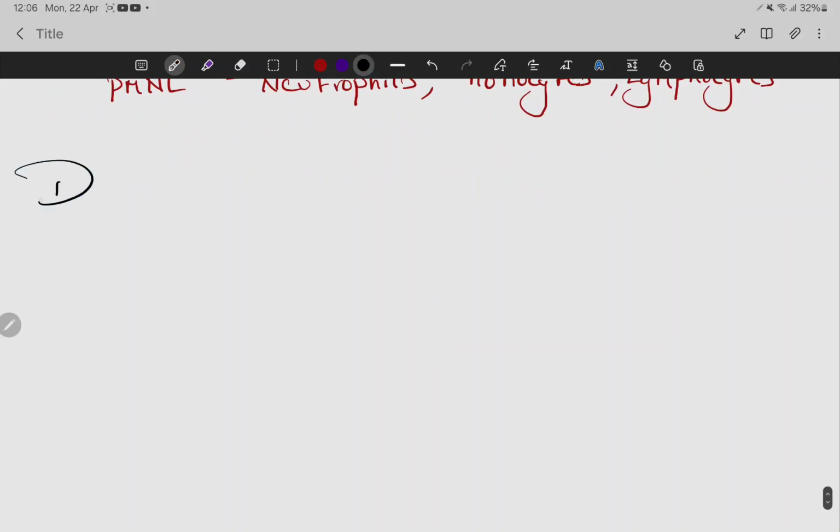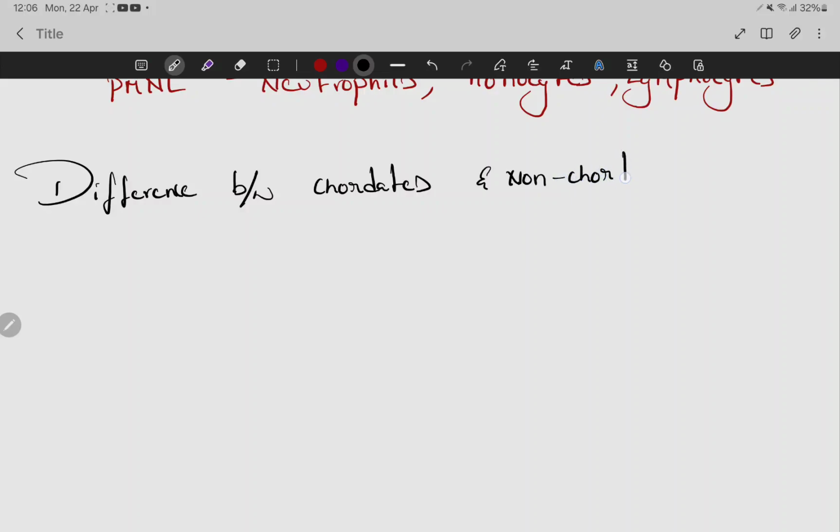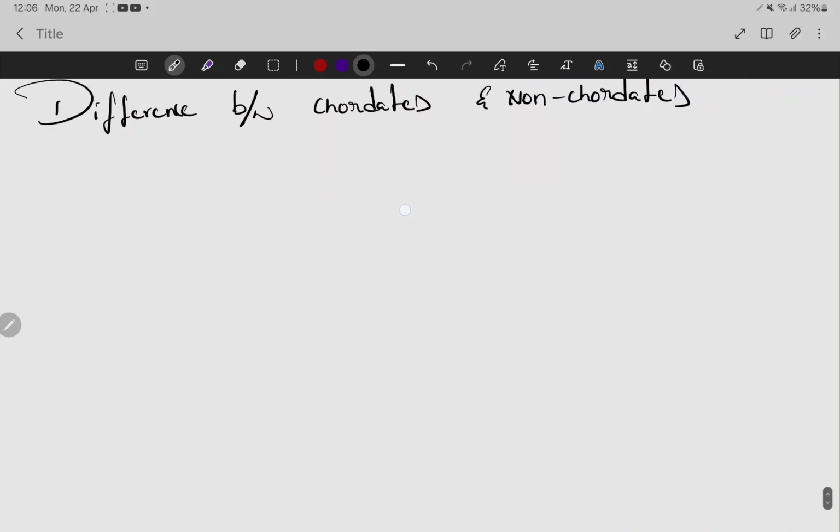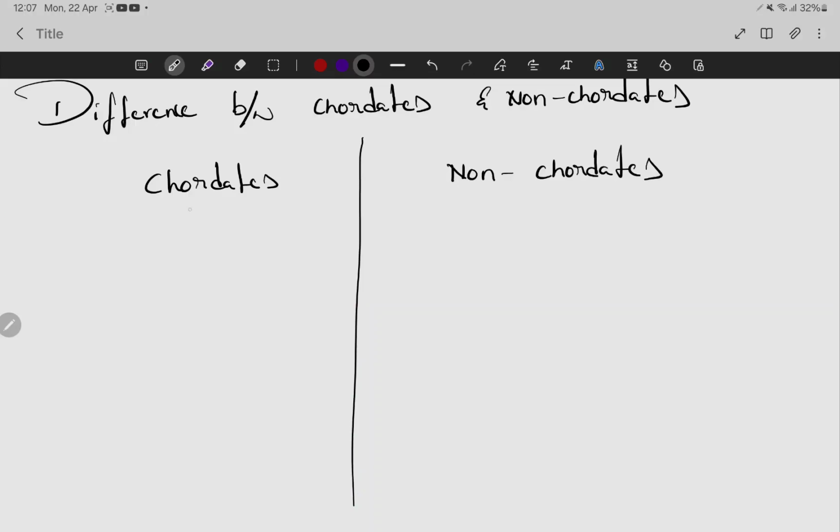Next, difference between chordates and non-chordates. For chordates, notochord is present.